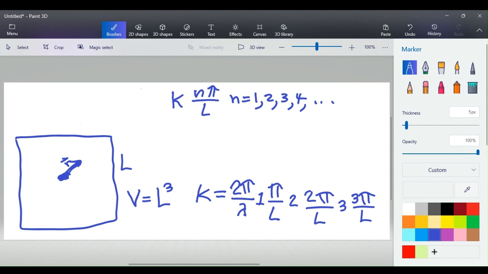So that gives us all the different frequencies that can occur there. Does that make any sense? Well, we're going to plug this into some formulas, and hopefully it will make some sense.